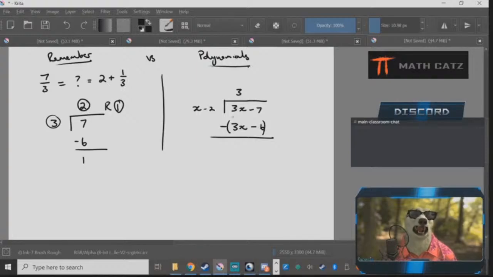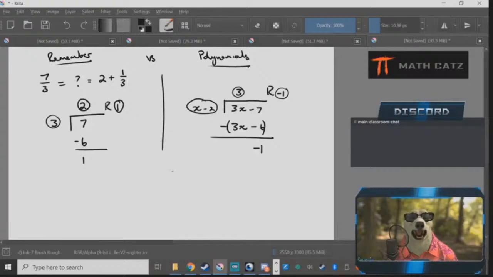Now, by design, the x terms will cancel. 3x minus 3x. Negative 7 plus 6 is negative 1. I can't fit x anymore in. The degree of this negative 1 is lower than the degree 1 with the x. That's my remainder. So now in the same way, I have a quotient, divisor, remainder.